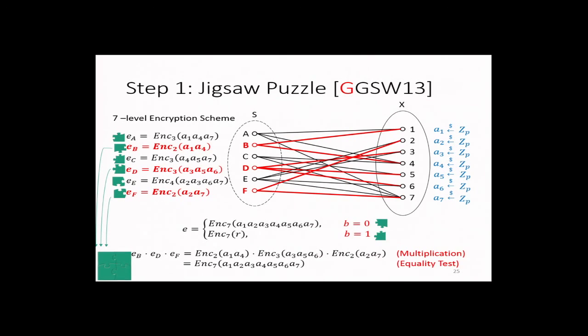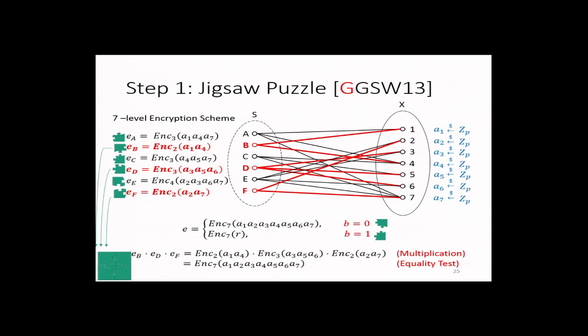Well, I get an encryption of the product of the plaintexts, which in this case corresponds to the product of A1 to A7. Note that the exact cover specifies that there are going to be no repetitions of the random numbers here. So if I multiply, I'll always get an encryption of the product of A1 to A7, at the 7th level, which denotes the number of vertices in the set X.